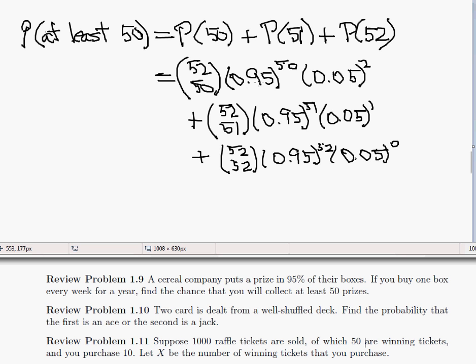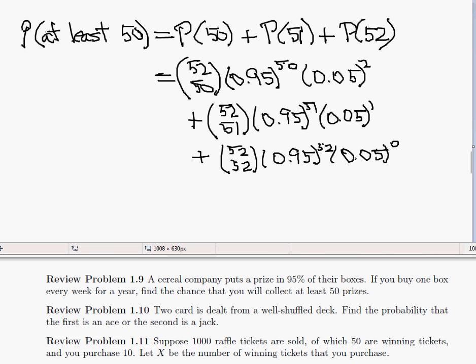I've got the probability of success to the number of successes I want, the probability of failure to the number of failures I want, and there's a binomial coefficient representing the number of possible ways that that could happen. Okay, so I'm going to do this calculation on the side, off screen. I'm just typing what you see on screen into the computer or your calculator, and then it's just a matter of punching it in and hoping that we don't make a mistake when typing.